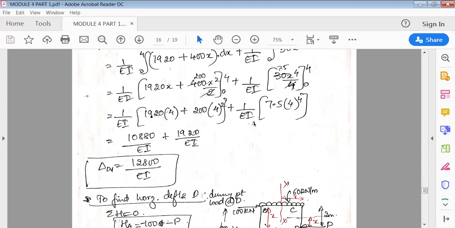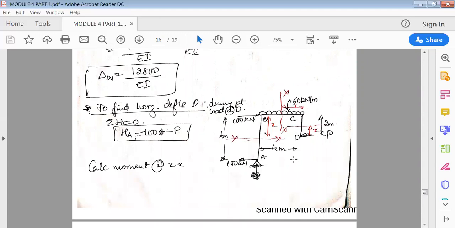Similarly, calculate the horizontal deflection at D. To find it, apply a horizontal dummy load. Again, at D there is absolutely no load, so apply a horizontal dummy load at D, that is P, which is acting to the left side.